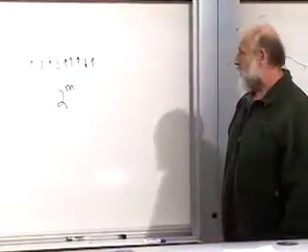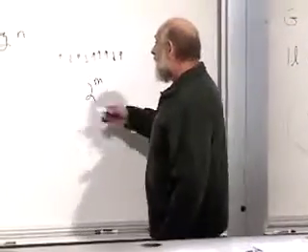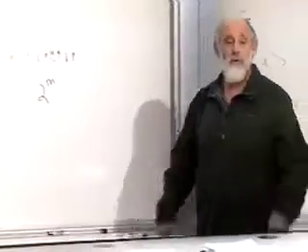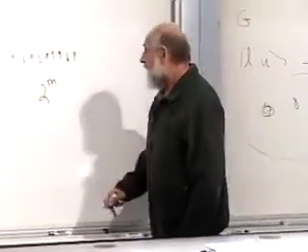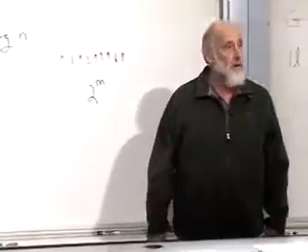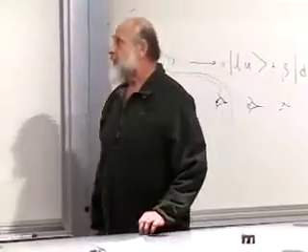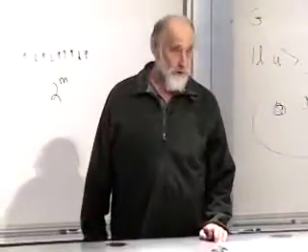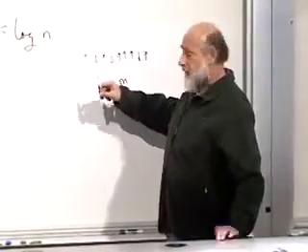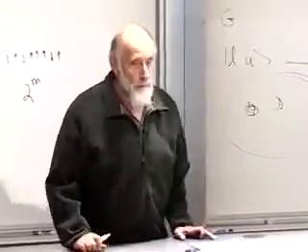If I knew nothing at all about the system, then n would just be 2 to the m, any one of 2 to the m states. The logarithm of the number of states would just be proportional to m. So what the logarithm measures is the number of bits of information, a bit being a spin. A bit basically means a two-level system.